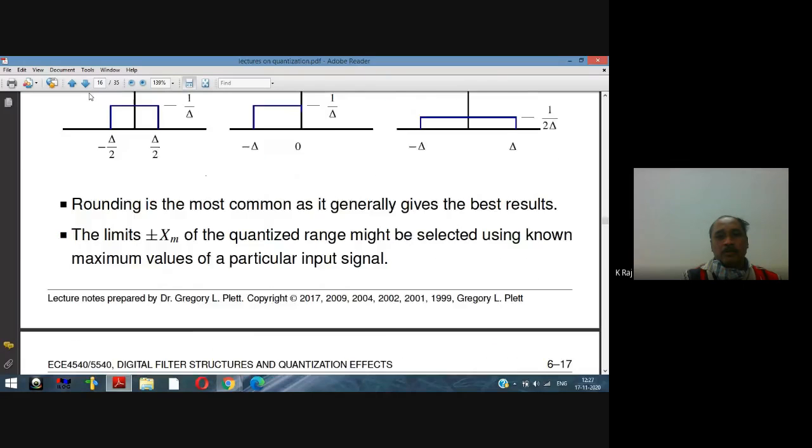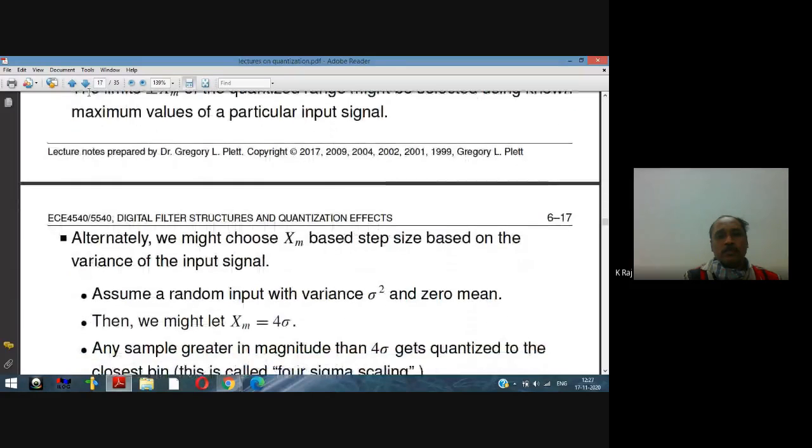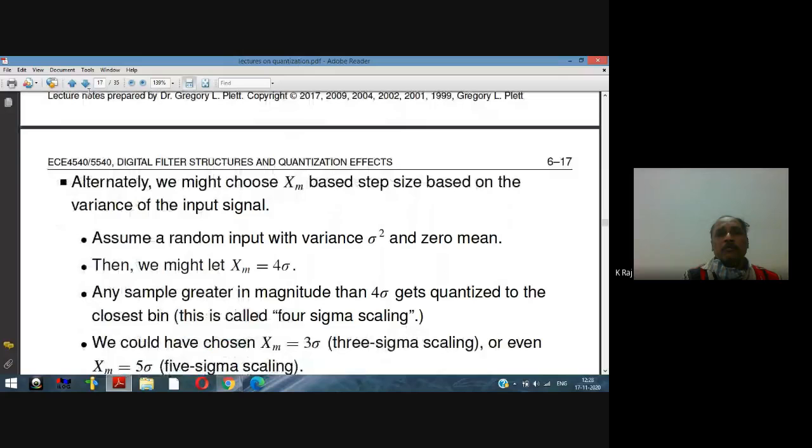What is the range of this one? Now, in order to describe this, if we choose xm, that is the maximum value of the signal that has to be quantized, and the step size is based on the variance of the input signal, and we assume that xm is 4 sigma, where the variance is sigma square with zero mean.